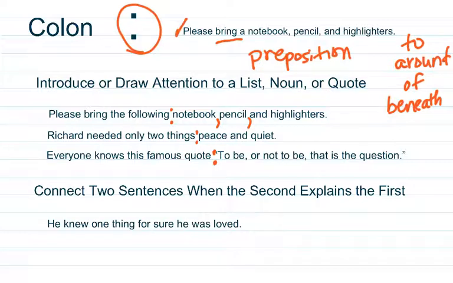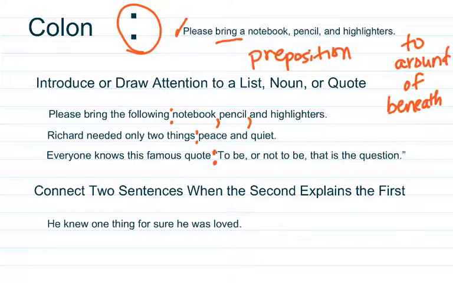For example, the rabbit can go to the tree, around the tree, over the tree, under the tree, beneath the tree, beside the tree, with the tree. All of those words are prepositions. So we don't put a colon after a preposition, and we don't put a colon after a verb. Okay? So keep that rule in mind.